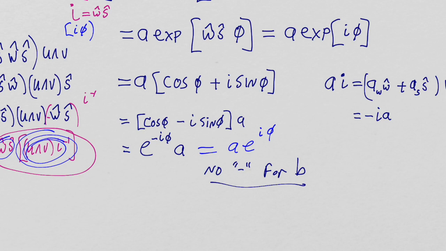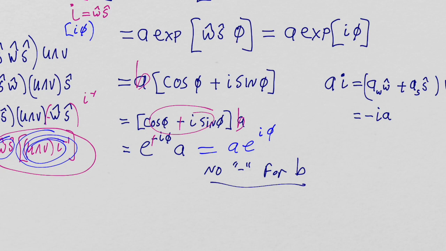And if you did this for a vector b that was orthogonal to the plane defined by the pseudoscalar w and s, then when you try to bring b through, b and I will straight up commute, right? So you end up with a b over here, and then this has a plus sign, and you just reconstruct that, and there's no change in sign at all.